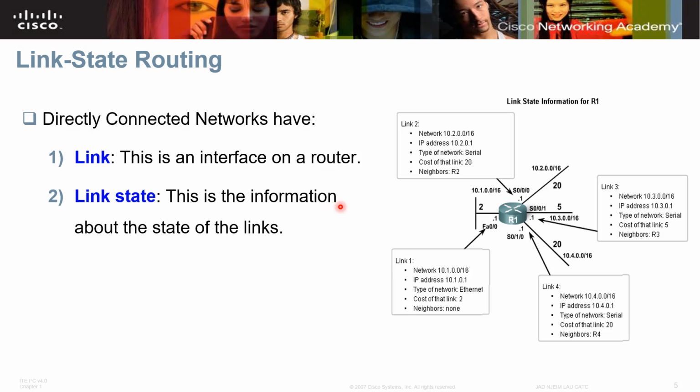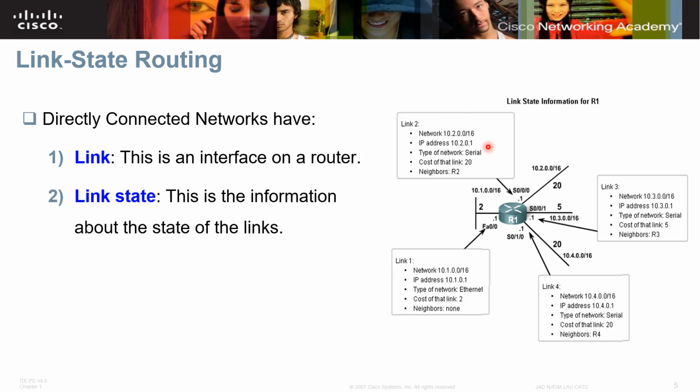A link state is the information of this link. So for example, I have this link or this interface. What is the link state? Link state is all the information of this link: for example, the IP of this link, the type of the network, the cost of this link, and the neighbor routers that this link connects R1 to.